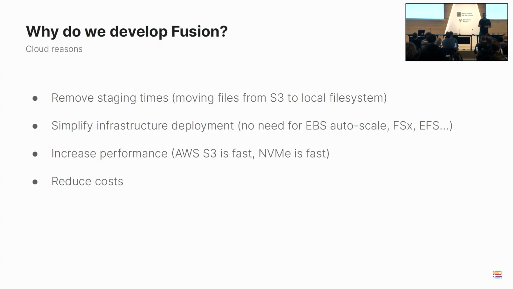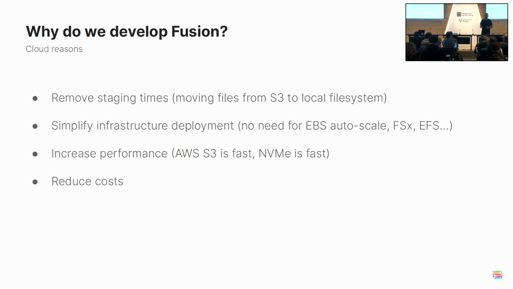Another thing is that in the cloud, if you still need to provide a local disk, that's a network disk, EBS for example, we have a problem. We don't know how much storage that process is going to need locally.